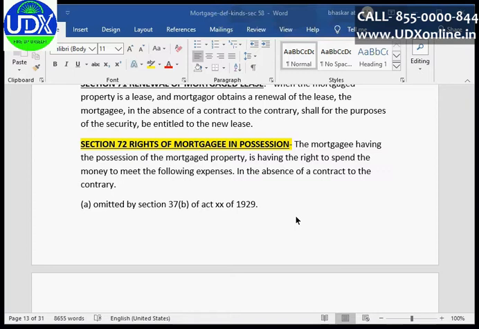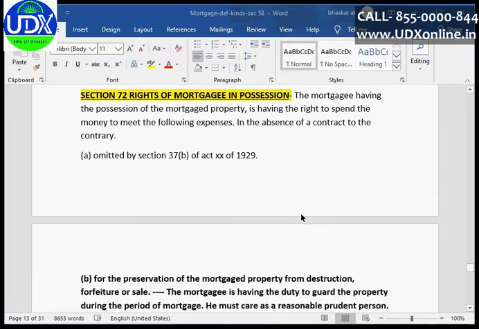Consider that they have not at all mentioned any terms and conditions. Then the law says, yes, the mortgagee who is having the possession of the property in the absence of any special terms and conditions in the deed, such a mortgagee is having the following rights.